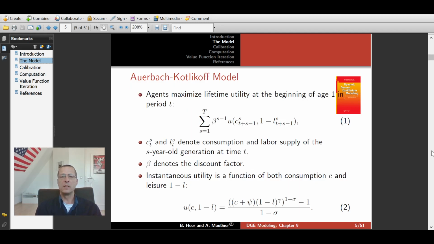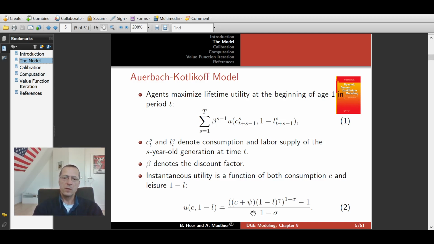And his lifetime utility is the sum of the utilities over the different periods, and the discount factor here is beta. Utility at age s in period t is a function of consumption c and leisure 1 minus l. We use a very simple instantaneous utility function, a Cobb-Douglas function in consumption c and leisure 1 minus l.